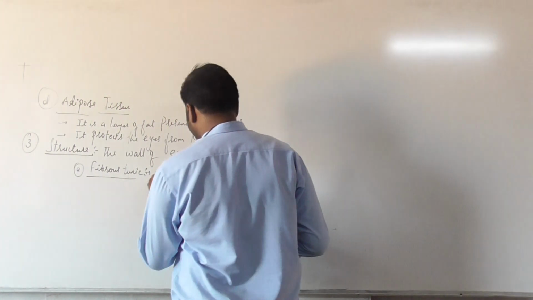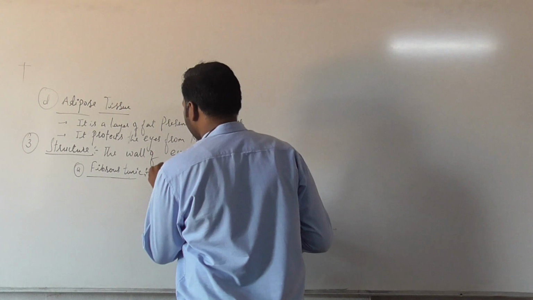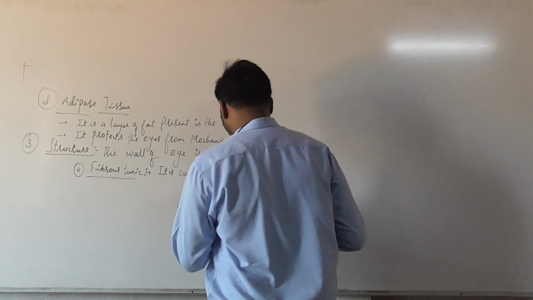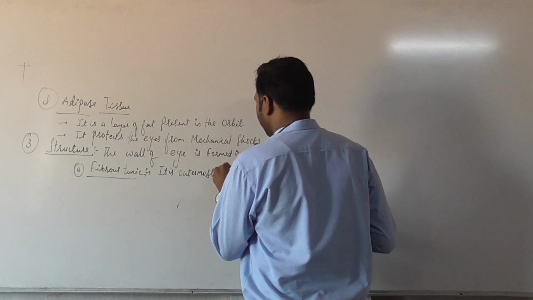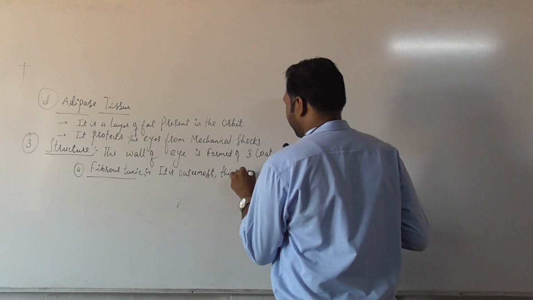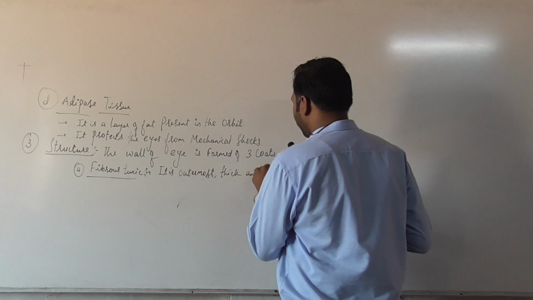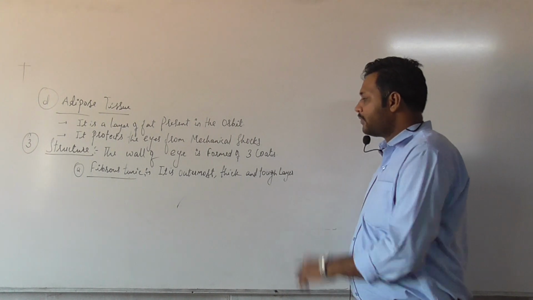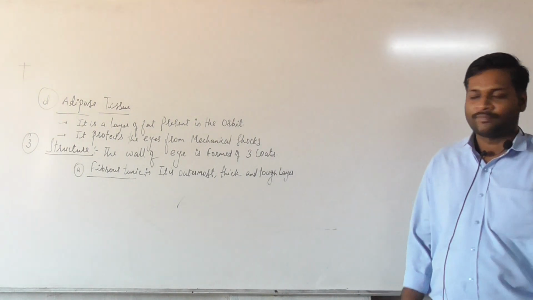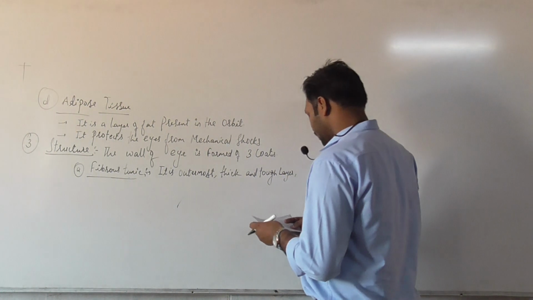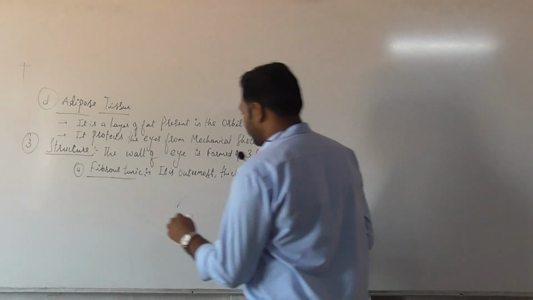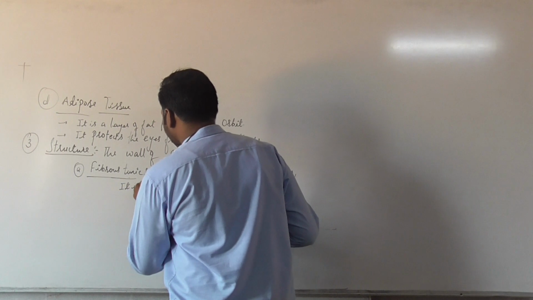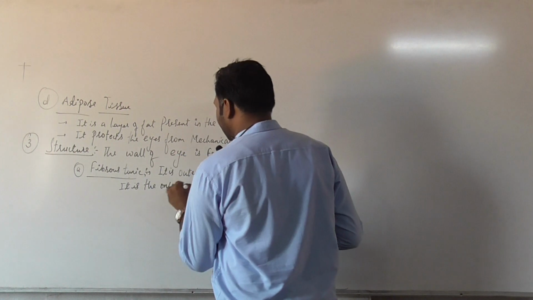Now see here, first that is the fibrous tunic. It is the outermost thick and tough layer.